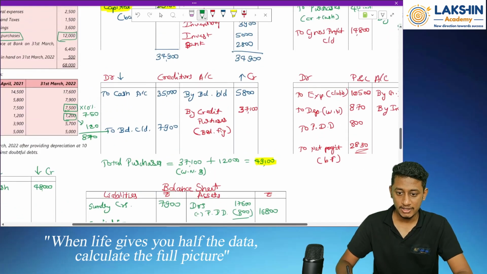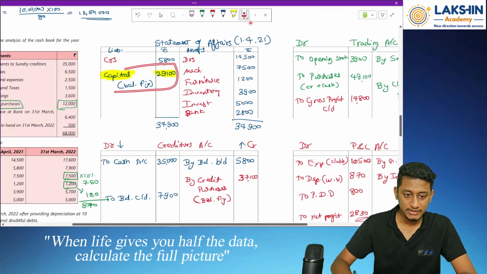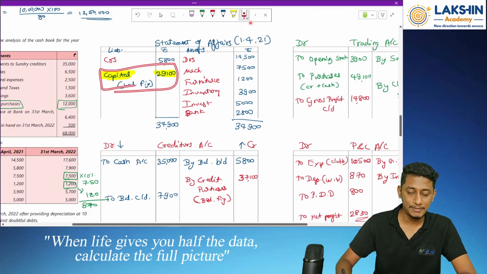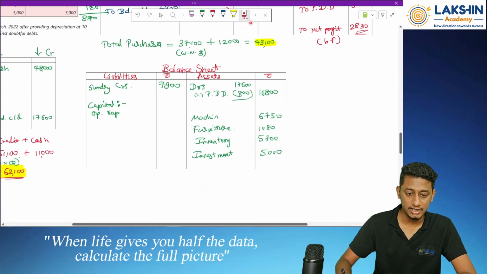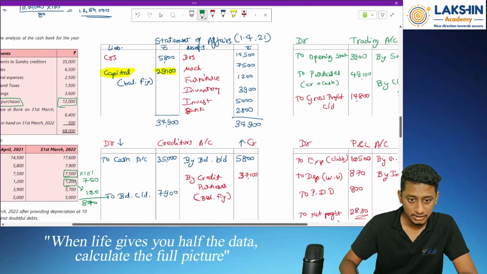Somewhere we had found, right? Where? In the statement of affairs. See, in statement of affairs we had found out the value of opening capital. So that is how much? 29,100. So come back, 29,100. So just mention working note number 1. How much? 29,100.